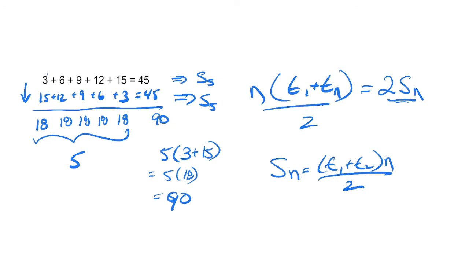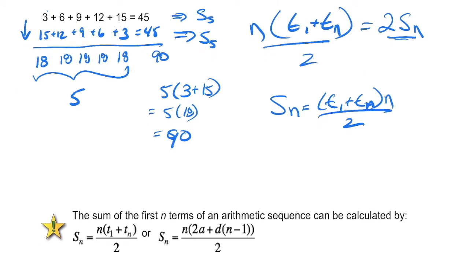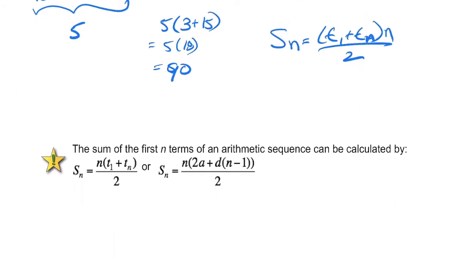When we add them all up, the formula for the series is S of n is the first term, t of 1, plus t of n, and then multiply by the number of terms that there are, divided by 2. So here's the formula that we just derived.